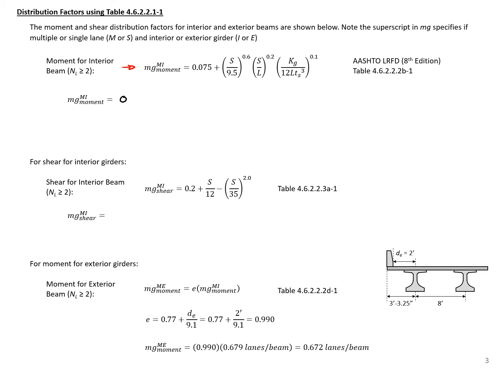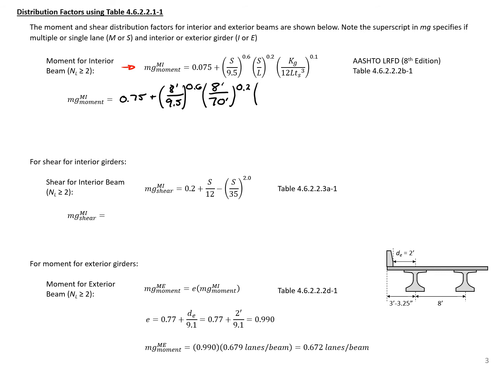So 0.75 plus our beam spacing in feet. So 8 feet divided by 9.5, and this is to the 0.6, times our beam spacing again in feet divided by our span length, 70 feet, and this is to the 0.2 power.